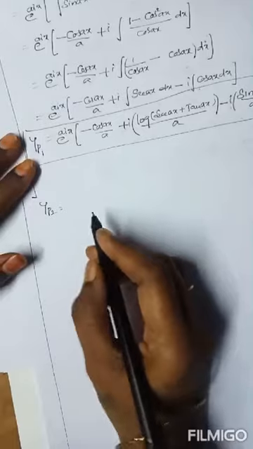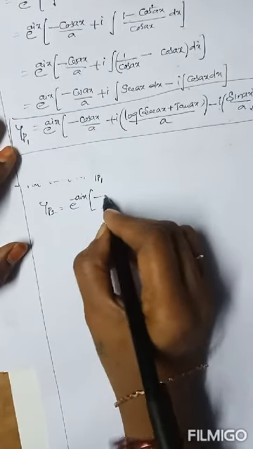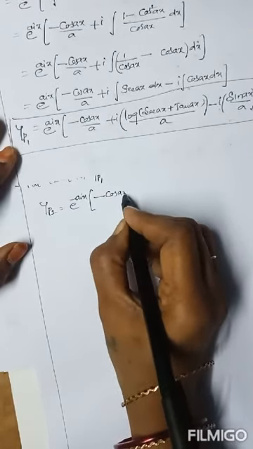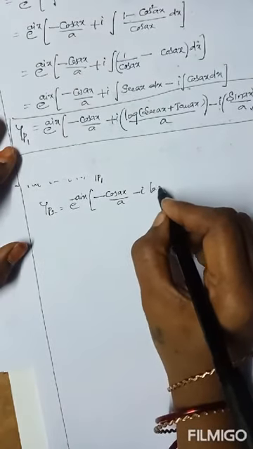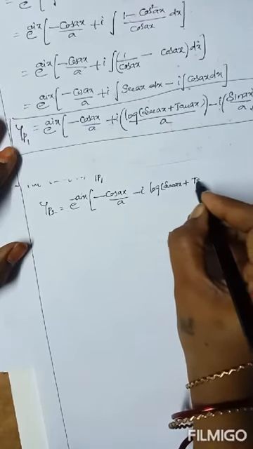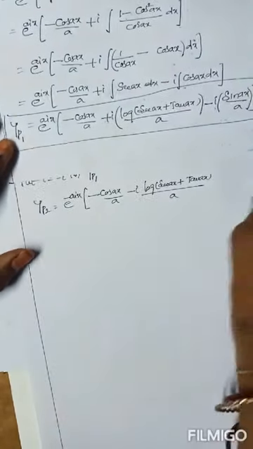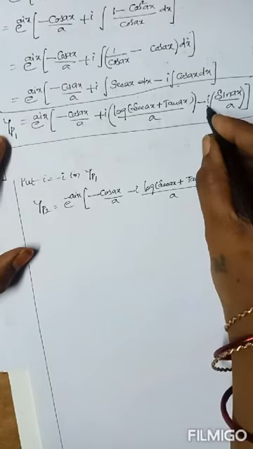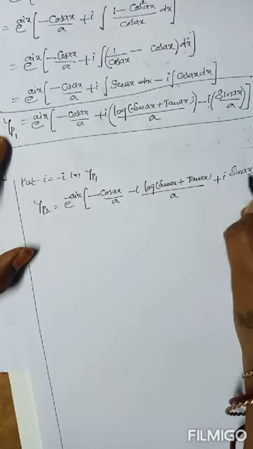So yp2 equals yp1 with only minus i written in place of i: e power minus aix, minus cos ax by a minus i log of secant ax plus tan ax by a plus i sin ax by a.